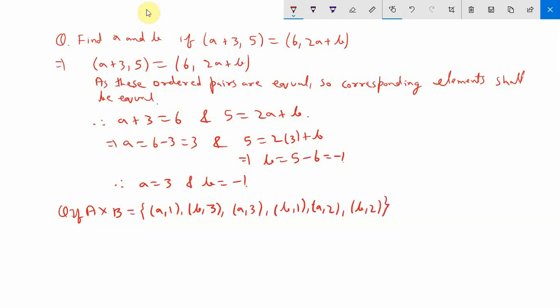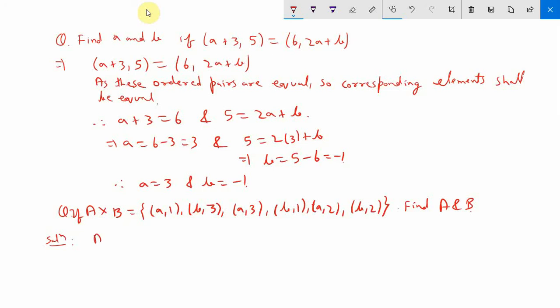Okay. So we have to find A and B. See how we will solve this. Since A into B is given, we can conclude that all the first components in the ordered pairs are from set A, and the second components in the ordered pairs are from set B.